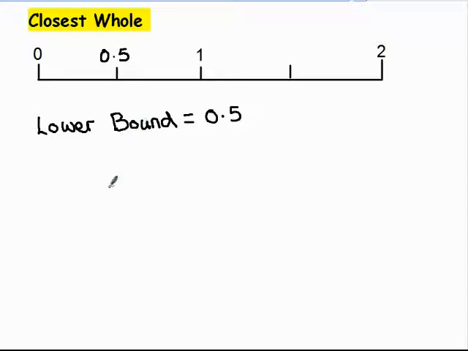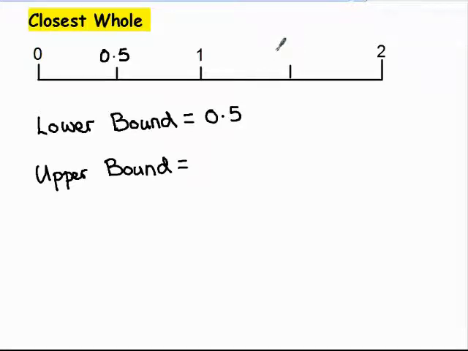So what's the maximum number that would have been rounded to 1? We call this value the upper bound. Again, as we continue up through decimals, 1.1 would still be rounded to 1, 1.2, 1.3, 1.4.